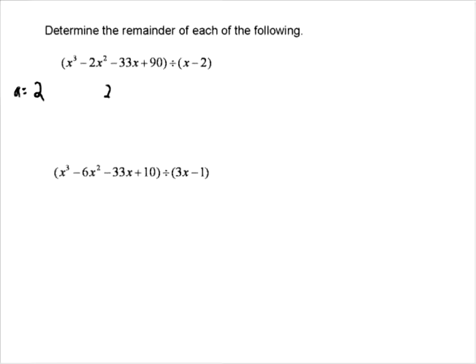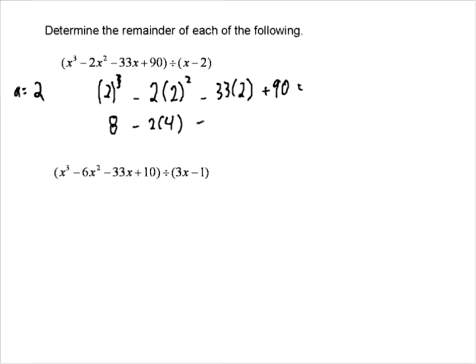So we're just going to have 2 cubed, that's a cube, minus 2 times 2 squared minus 33 times 2 plus 90. And whatever this turns out to be is going to be our remainder. So 2 cubed is 8 minus 2 times 4 minus 66 plus 90.